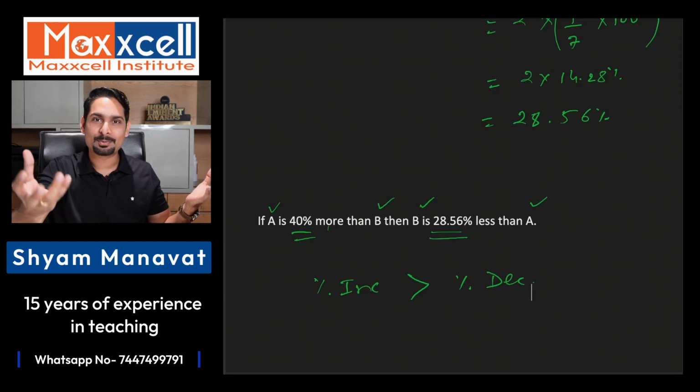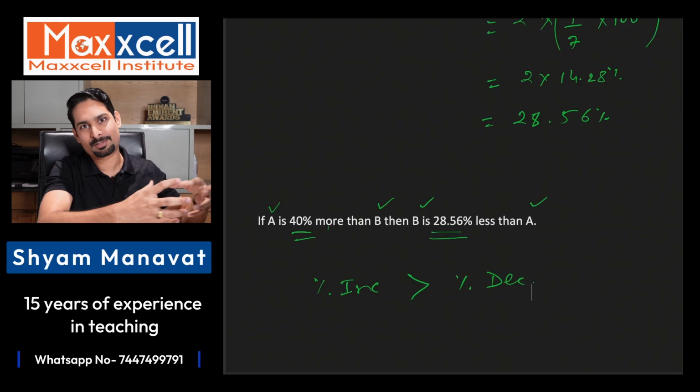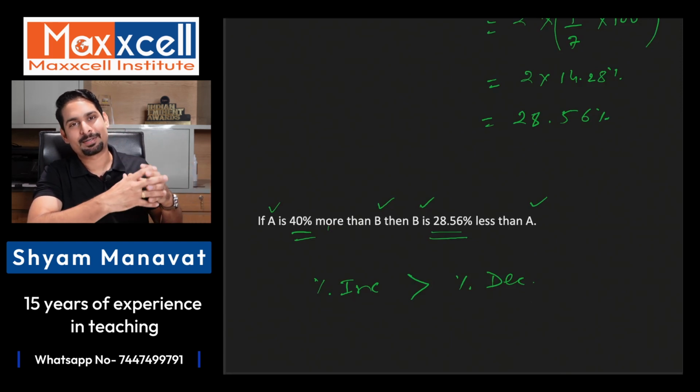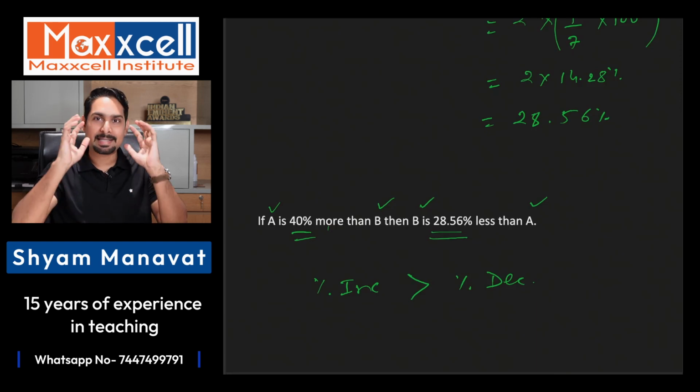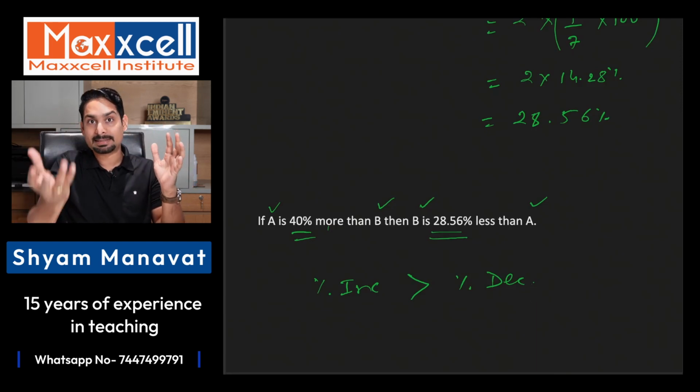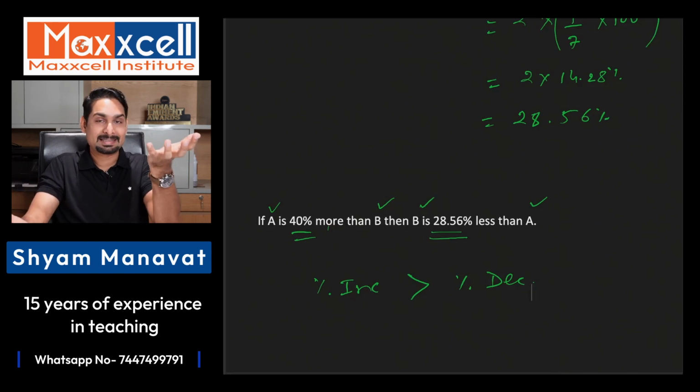Those things attract faster than doing hard work, hitting the gym, or studying longer, correct? So that way you can relate that percentage decrease is less than percentage increase.